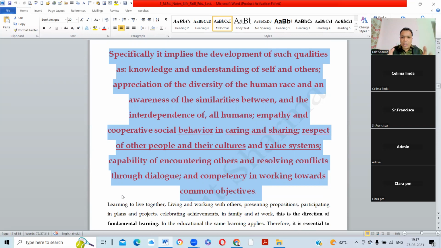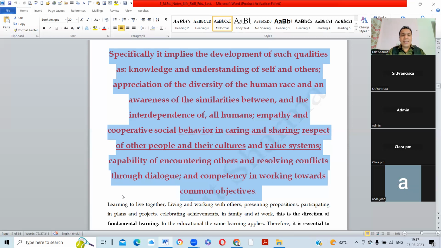We have to develop knowledge and understanding of self and others, appreciation of the diversity of the human race, awareness of the similarities and interdependence of all humans, empathy and cooperative social behavior in caring and sharing, respect for other people and their culture and value system. This thing we have to develop, and we are developing.